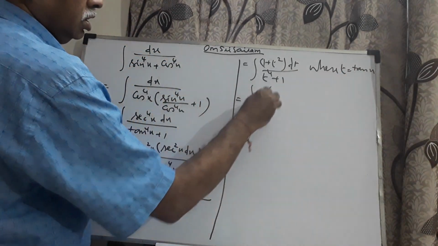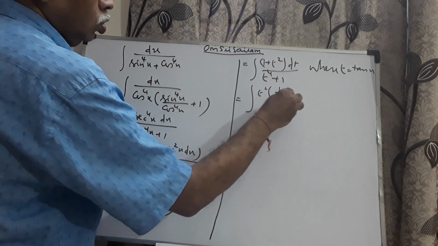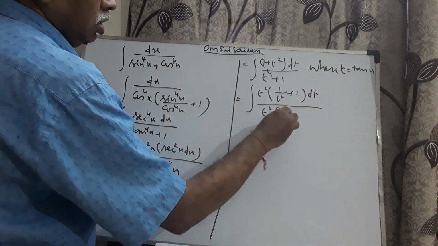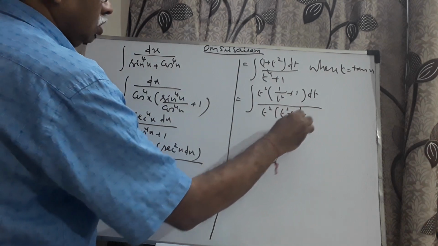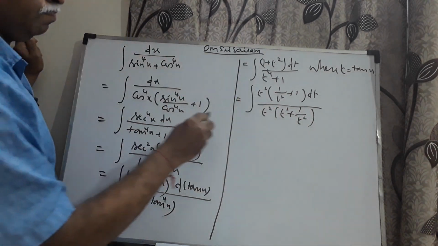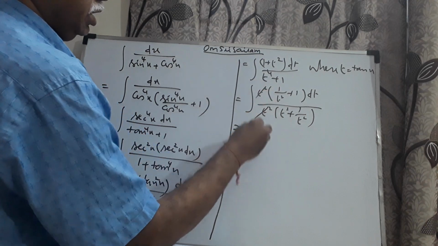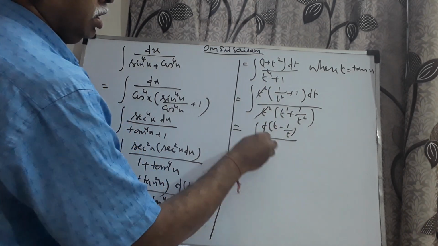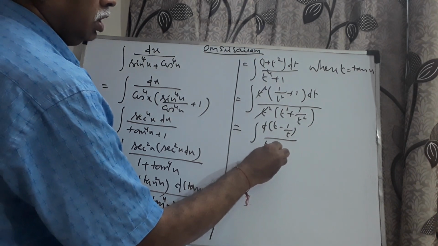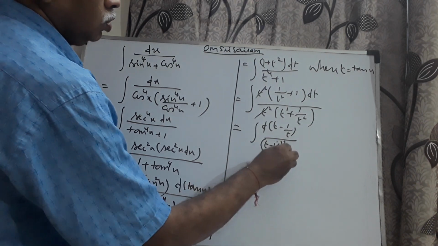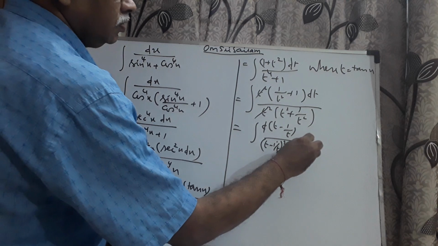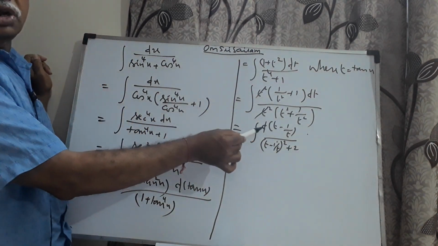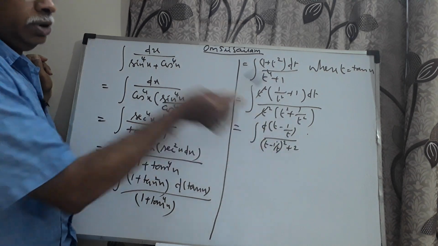Here I will just take t square as common, both numerator and denominator, t square into t square plus 1 by t square. Therefore, here t square will get cancelled. This can be written as d of t minus 1 by t divided by t minus 1 by t the whole square plus 2. You can just verify. Just see here, d of t is 1, d of minus 1 by t is plus 1 by t square.